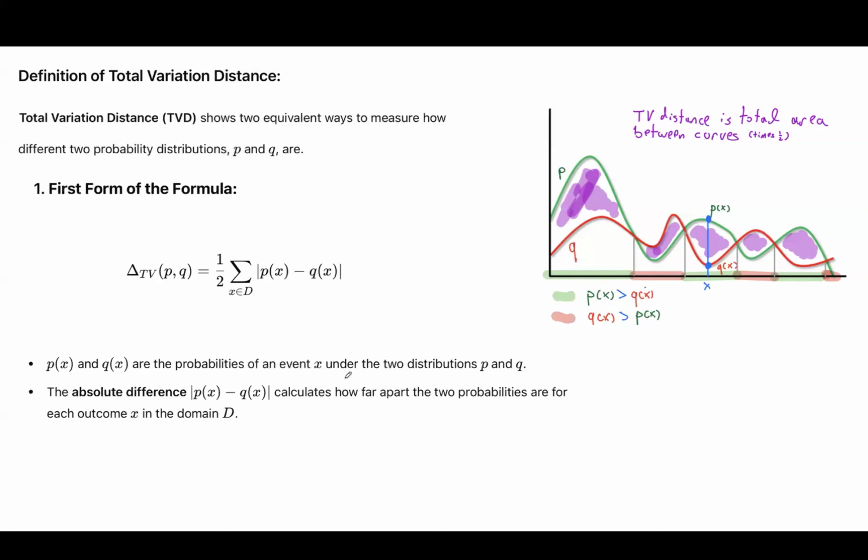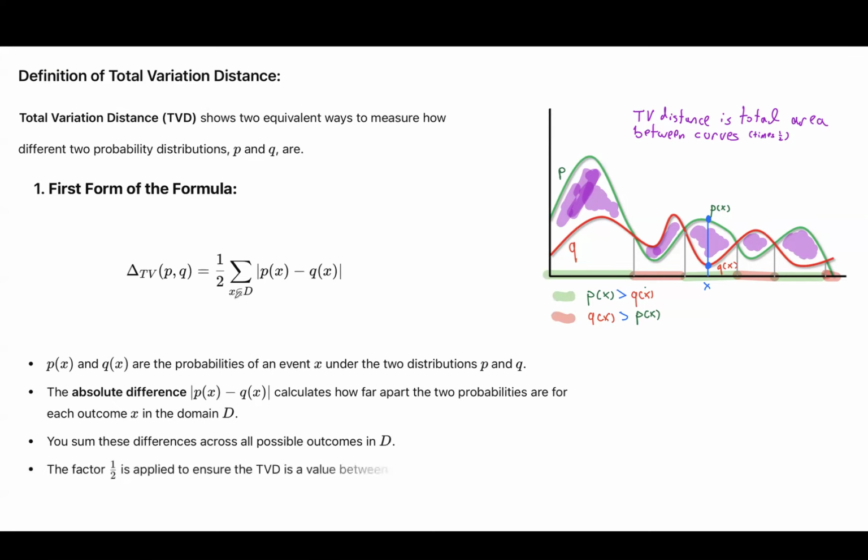So as you can see, basically we are finding the difference between the y values, finding the absolute value of them, adding them together and dividing the sum by 2, summing differences across all possible outcomes in the domain D. So we are basically using the domain for both of them.